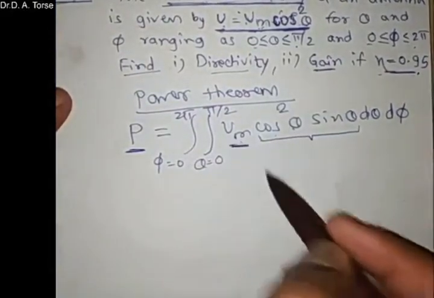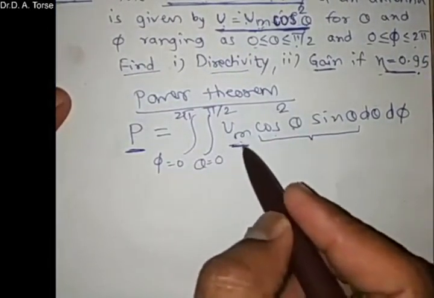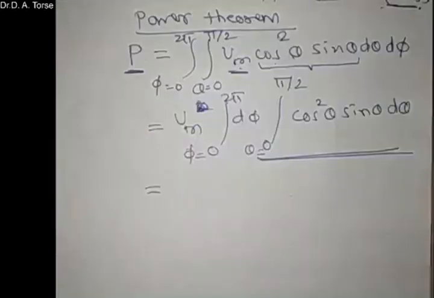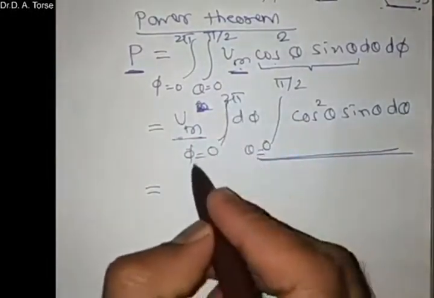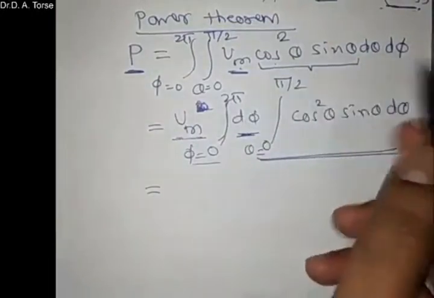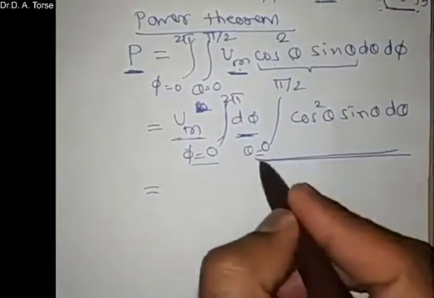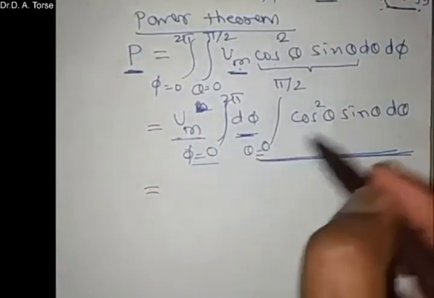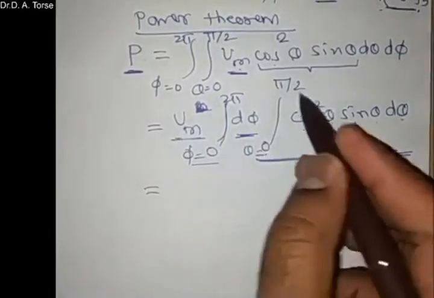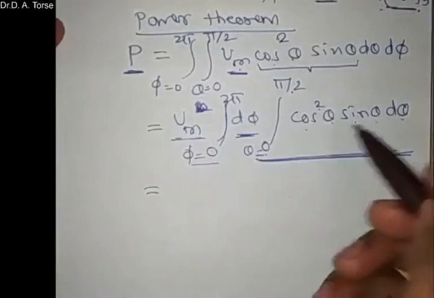U m being constant, because it represents the maximum radiation intensity, will be outside the integration, and we need to integrate d phi from 0 to 2 pi. There is no term related to phi here, and now the task is to find the integration of cos square theta sin theta d theta for the limit ranging from 0 to pi by 2.